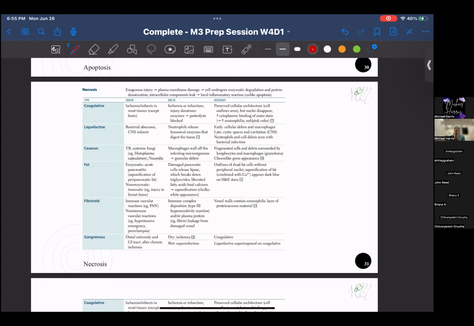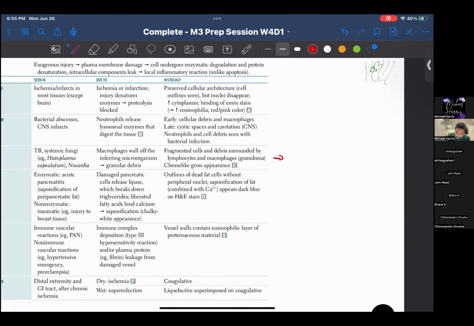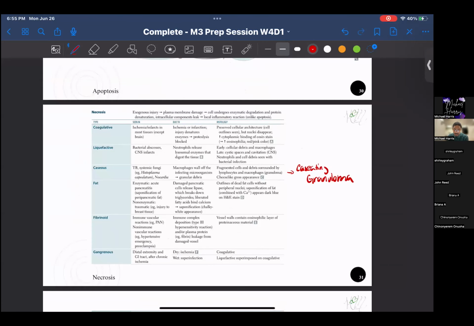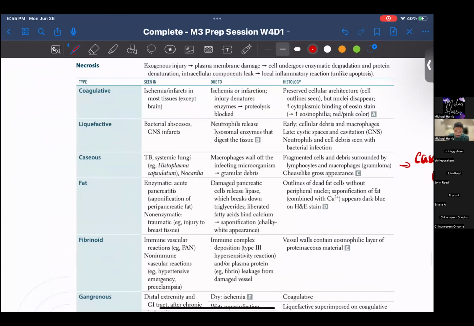We've already pretty much touched on caseous necrosis. Caseous necrosis is that caseating granuloma. So that example we talked about with TB, not TP, TB, is an example of caseous necrosis. With that being said, what do you expect to see?